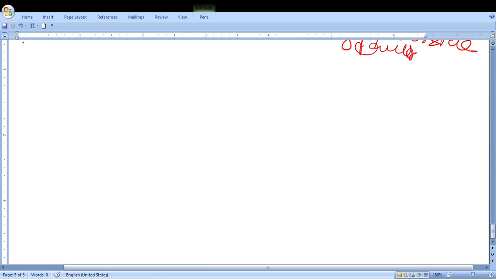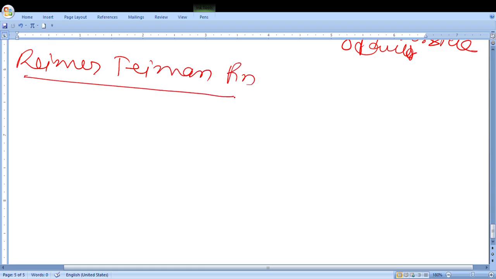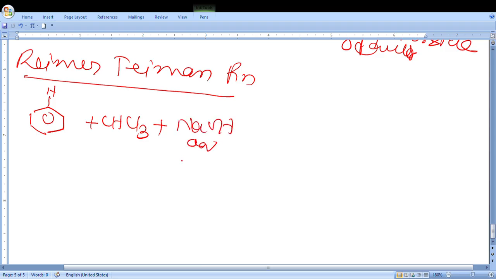Next reaction will be the Reimer-Tiemann reaction. Reimer-Tiemann reaction of chloroform. So this is phenol. We are taking phenol plus CHCl3 plus NaOH aqueous.